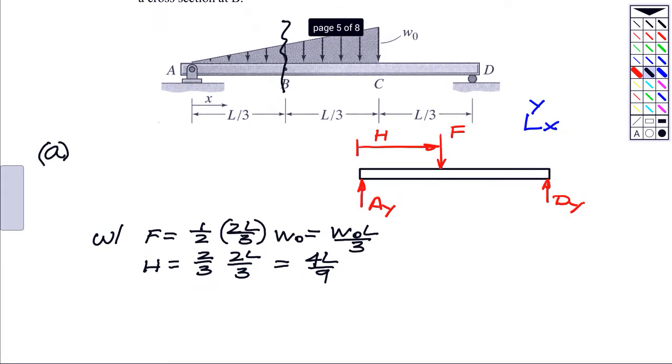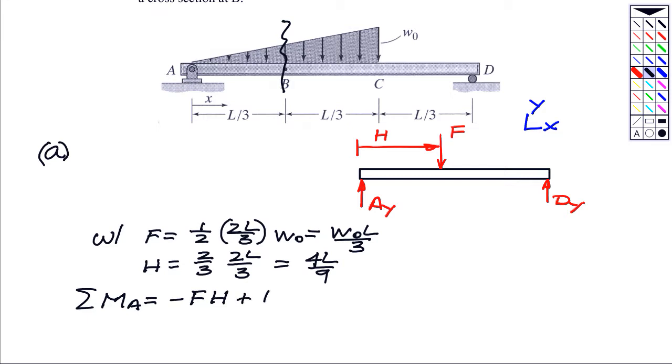From this, I'm going to write down an equilibrium equation where I sum my moments about point A, the left-hand side. And so from that, I get the applied force F. It's located at a distance H to the right of A. That moment is in the negative Z, so I put the negative sign there in front.